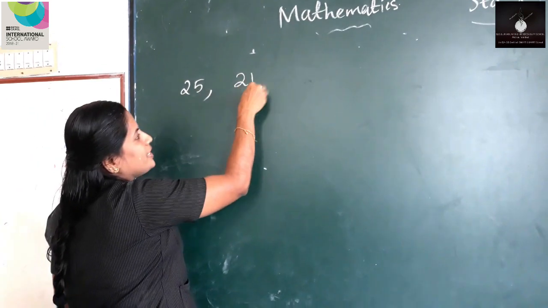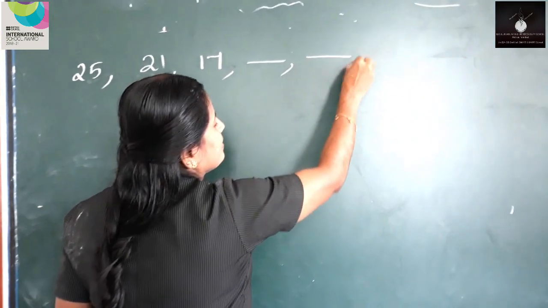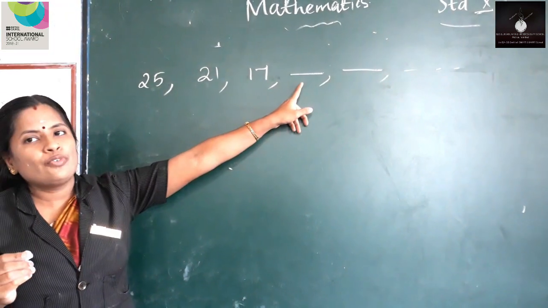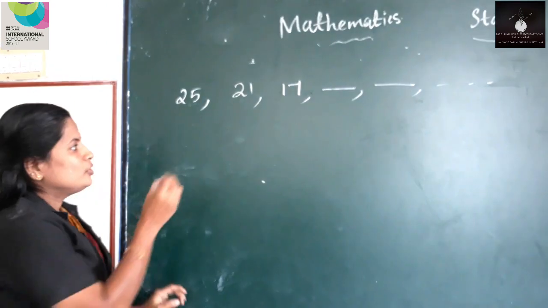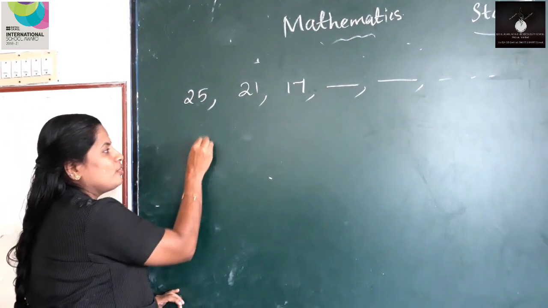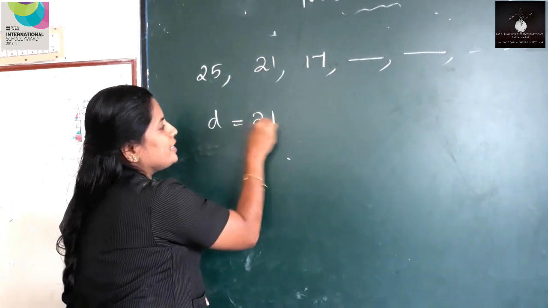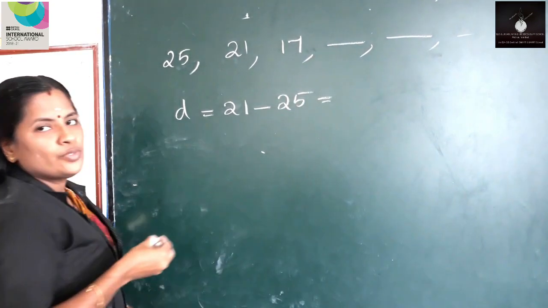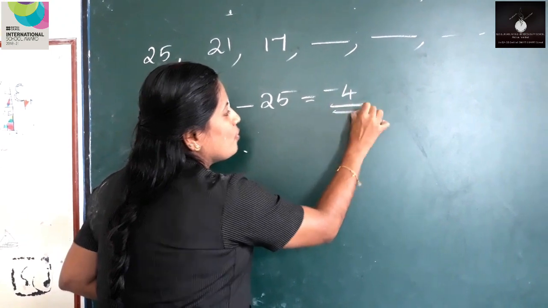25, 21, 17, dash, dash and so on. Here we have to find out the fourth term and fifth term. So before that we have to find out the common difference. D equal to 21 minus 25. 21 minus 25 equal to minus 4.